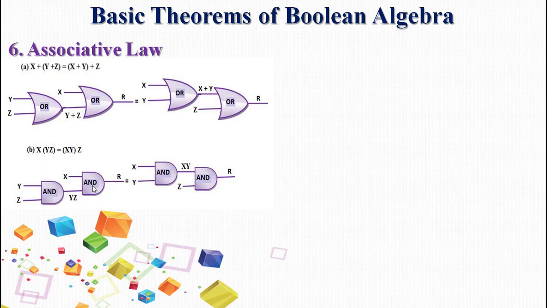The resultant will be given as the input line for the next AND. So that is x multiplied by yz, which will be the input line for the next AND gate. That is R, which is equivalent to x into y. The resultant x into y line will be given to the next AND gate, so z will be the second input line for the next AND gate.